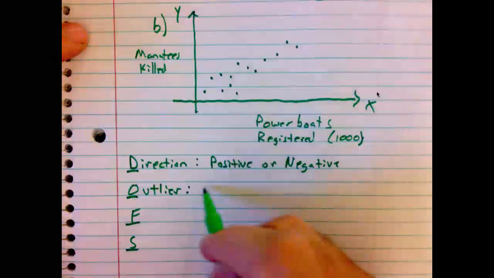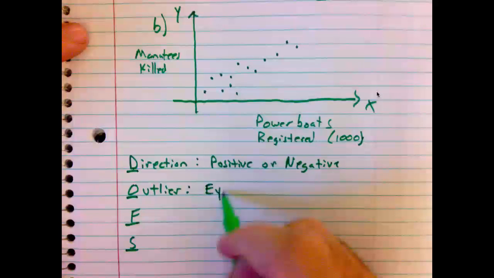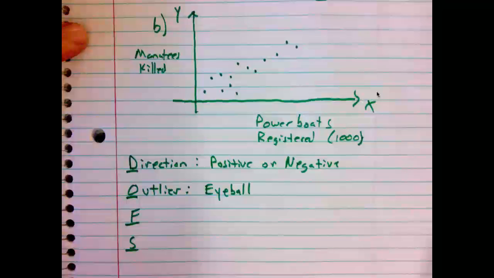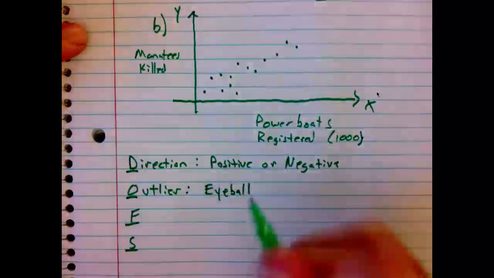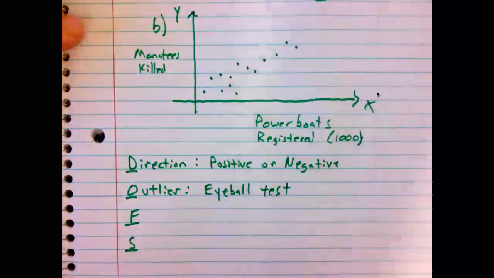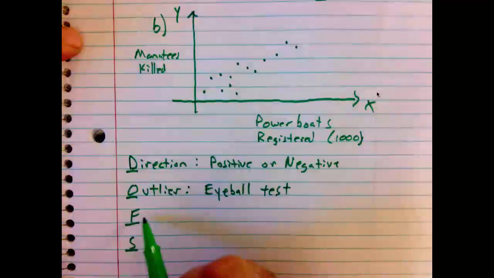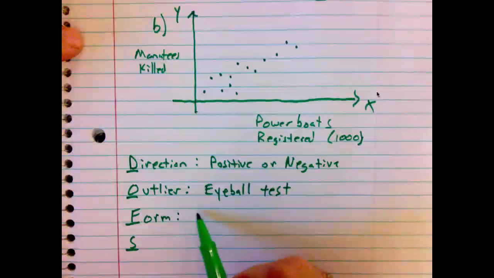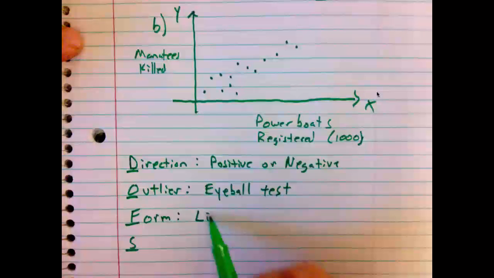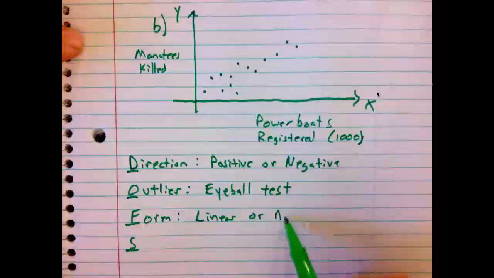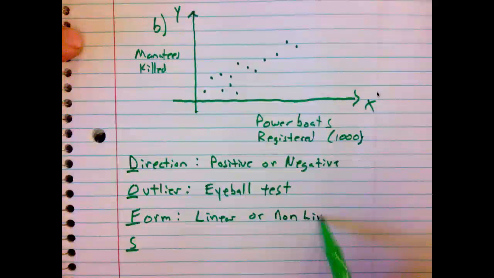And here we're going to use what I call the eyeball test. Unlike with our one variable data where we have the 1.5 IQR rule, here we're simply going to say this observation appears to be an outlier. F is for form, and our form is going to be one of two things, linear or nonlinear.